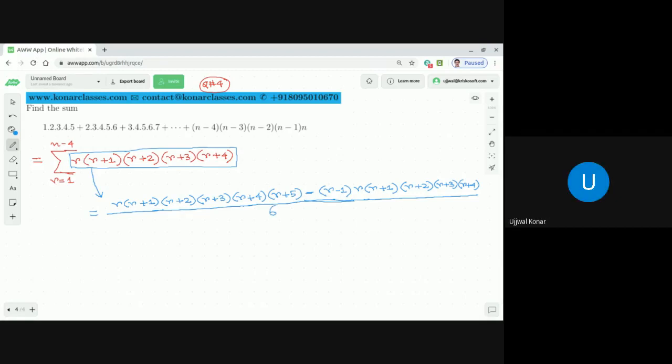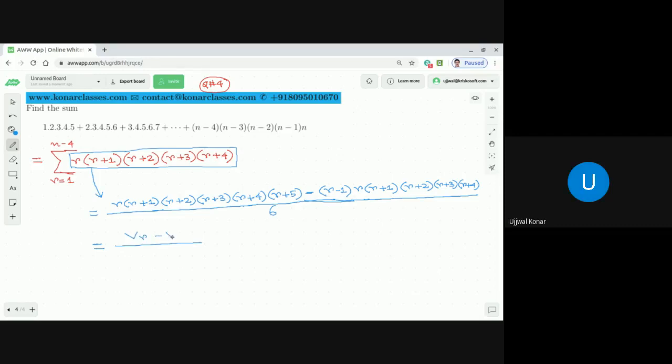But why did I do so? If you look into the two expressions in the numerator, they are in a pattern. What kind of pattern? If we consider the first one as the rth term, suppose let's write this as V_r.